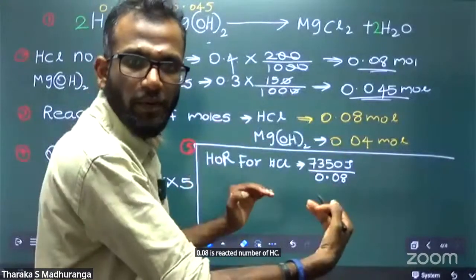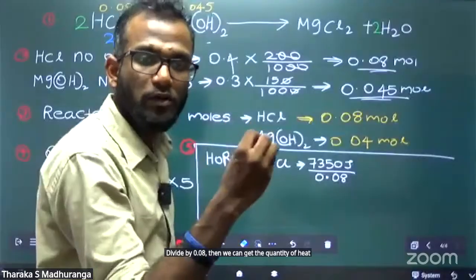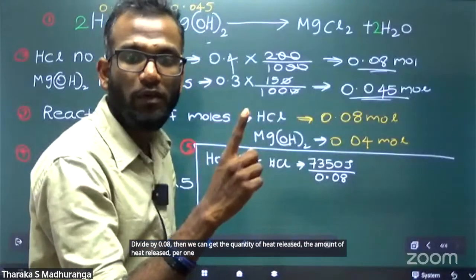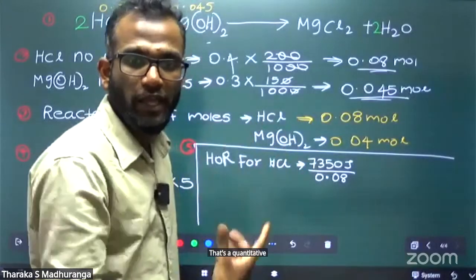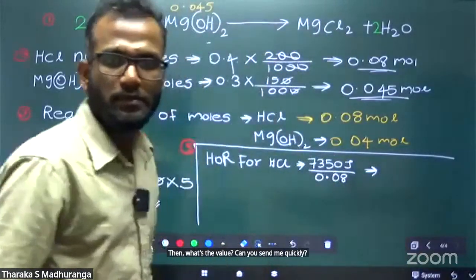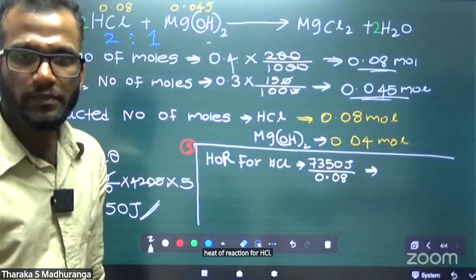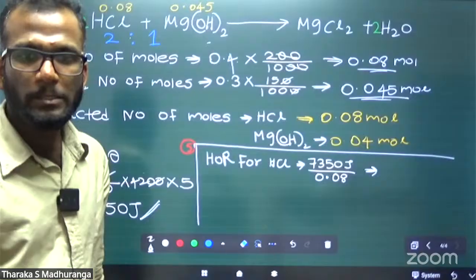Then we divide by 0.08, and we get the amount of heat released per 1 mole of HCl. That's the heat of reaction. Then what's the value? Can you send me quickly?